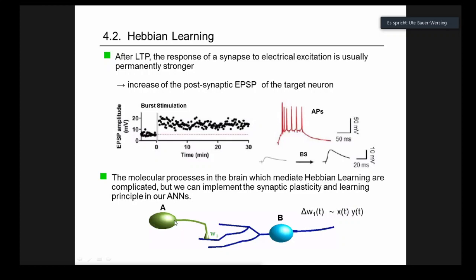Assume we have a neuron A and a neuron B, and they are connected by a weight. What we do is we increase the weight: the change of the weight, delta W1, over time is proportional to the correlation between XT and YT, so the input times the output of this neuron pair.